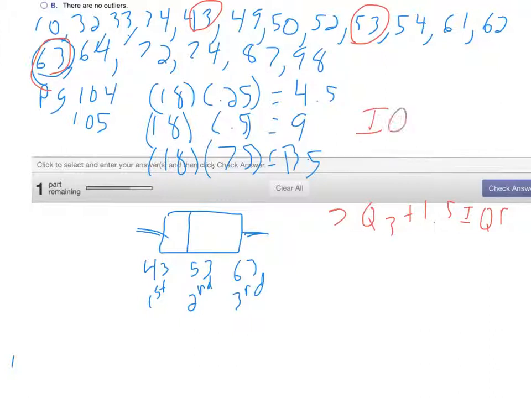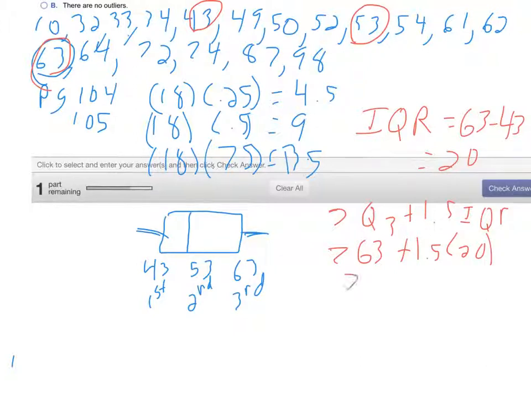The IQR is 63 minus 43. So the IQR is 20. And so the third quartile 63 plus 1.5 times 20, so anything greater than 93 would be considered an outlier.